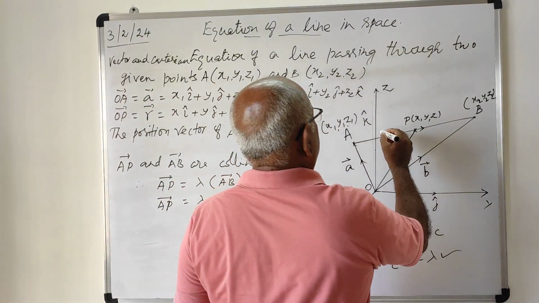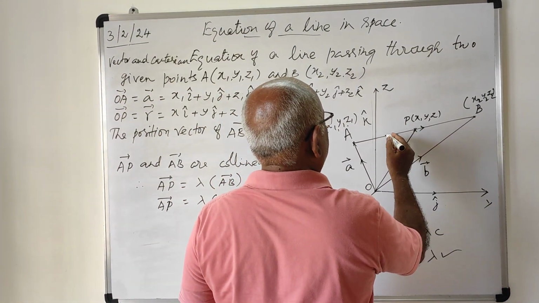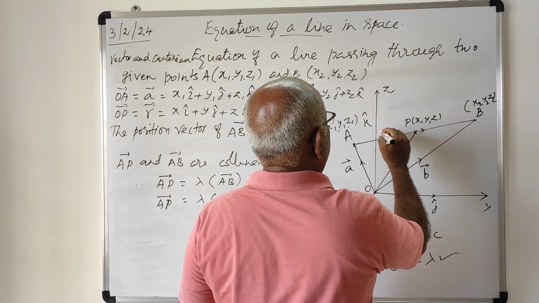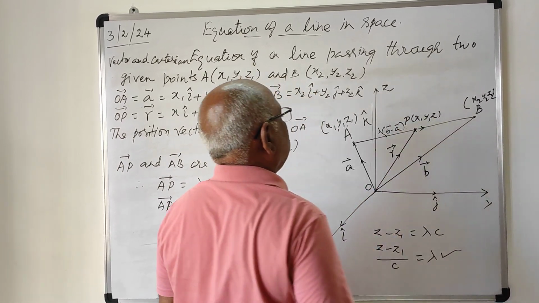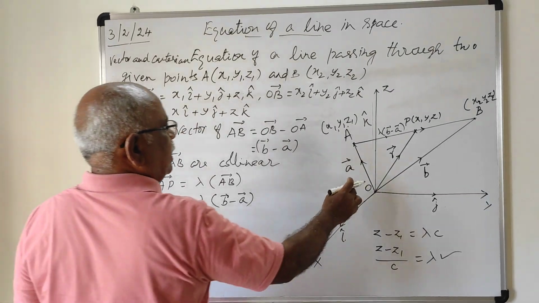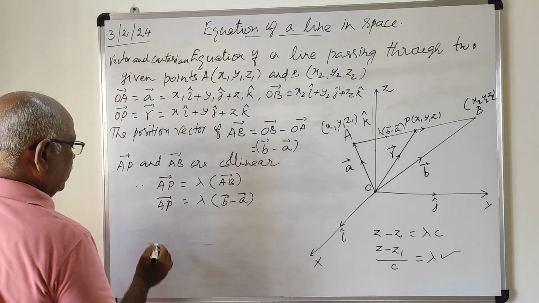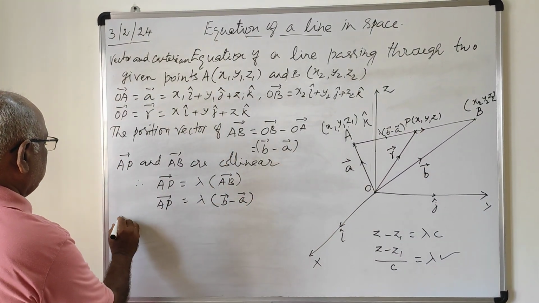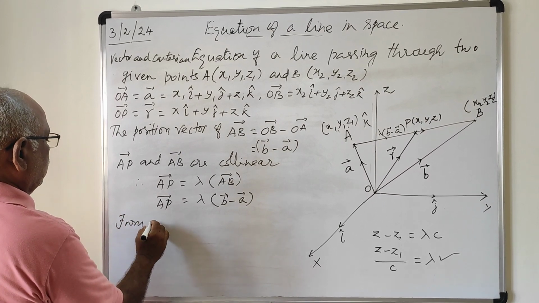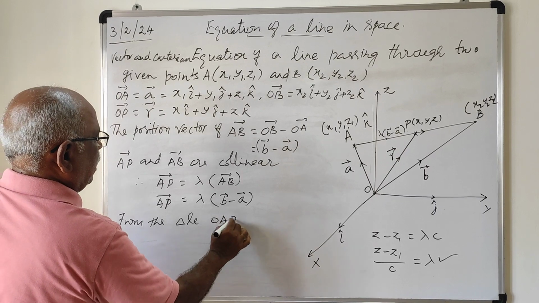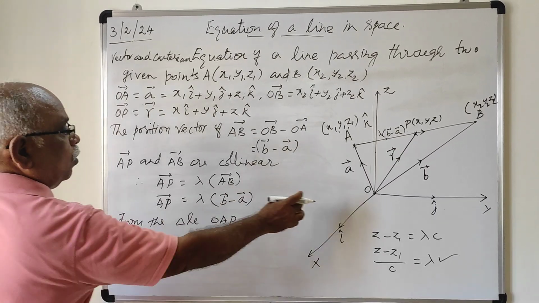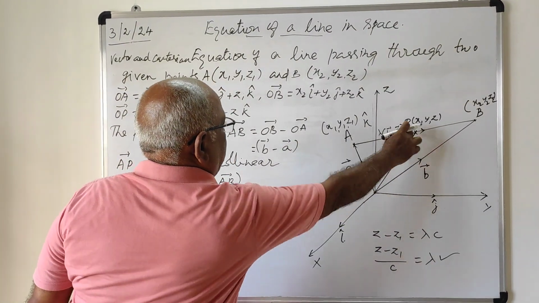So AP vector is lambda times B minus A. Now, from the triangle OAP, by the triangle law of vector addition, OP vector equals OA plus AP.